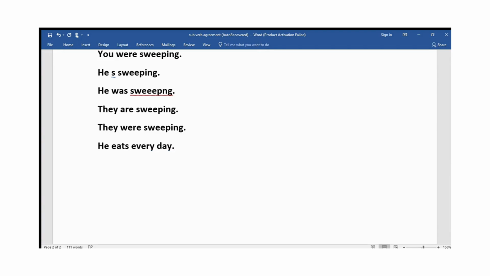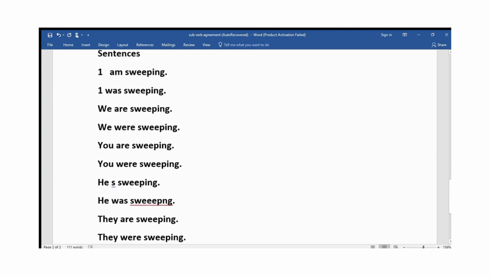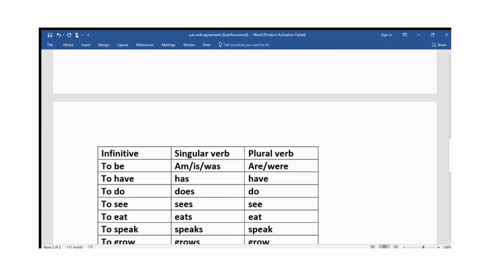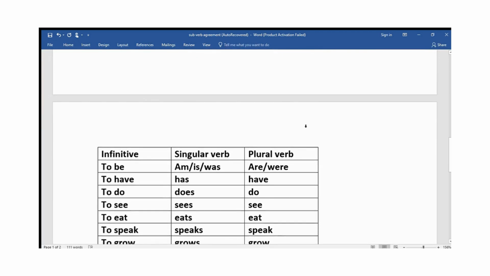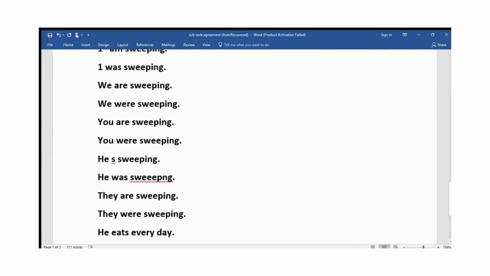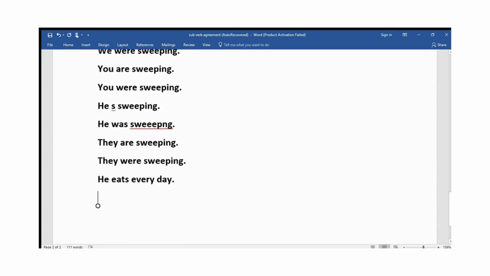Now let me use the plural, which is they, third person plural. Now, what will the verb to eat become to agree with the subject they? We will have they eat. As you can see, the verb maintains its original form.